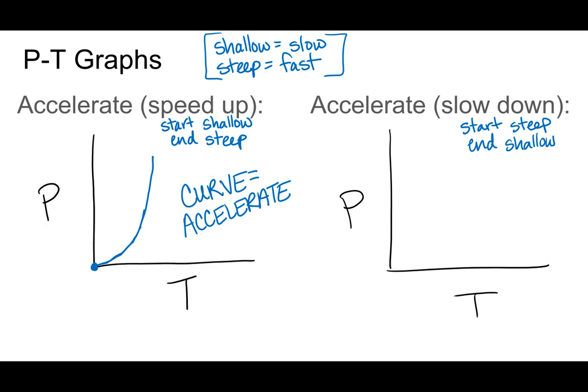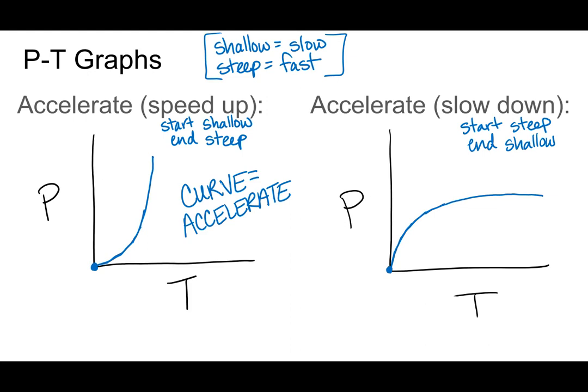All right, so let's see. Start at the tree and we're traveling quickly. And then as time is going on, we're getting slower, which means shallower. And then there's another shape. It's going to curve in this direction.